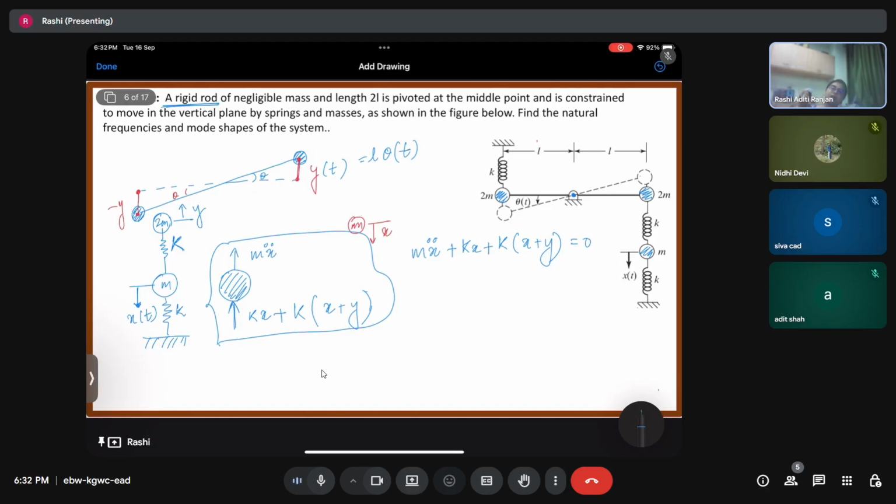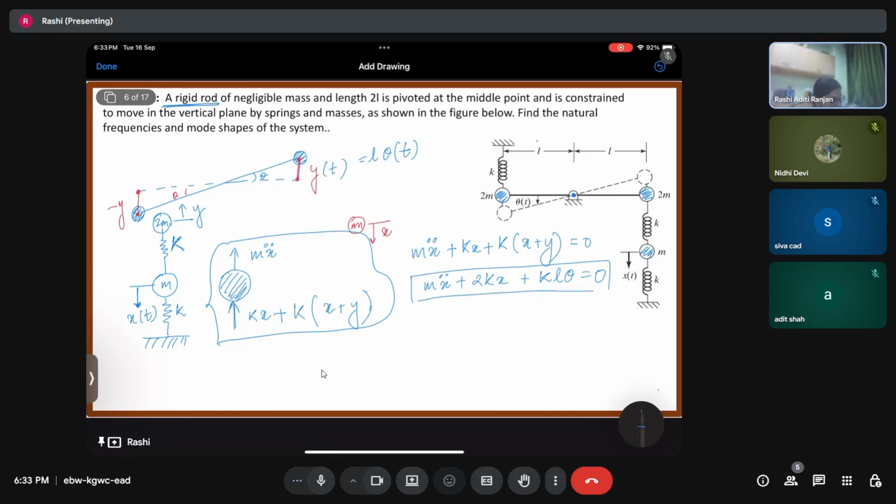So we can replace y of t as L into theta of t. So finally, the equation of motion becomes m x double dot plus 2kx plus kL theta is equal to 0. This is the first equation of motion.